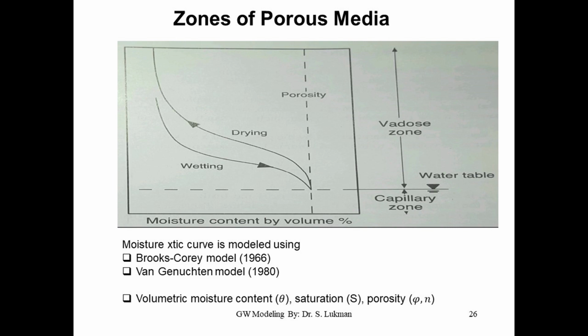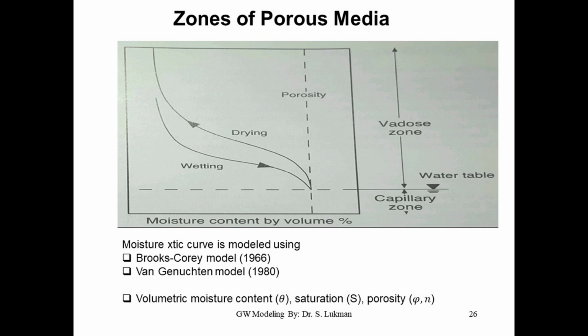What is volumetric moisture content? How is it expressed mathematically? The amount of water found in the soil, mathematically given by what? Volume of moisture over total volume of the saturated soil.